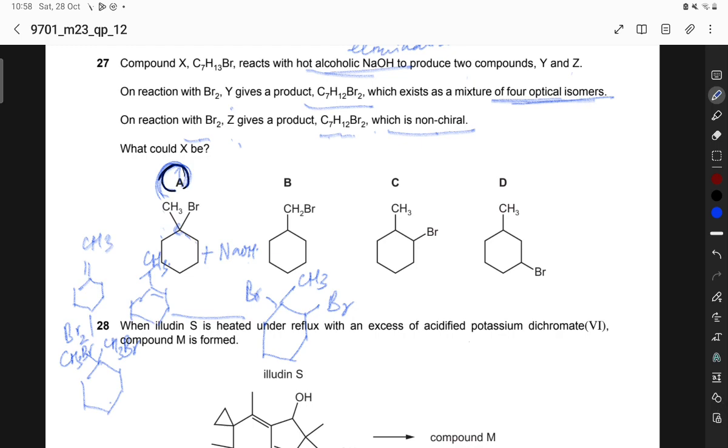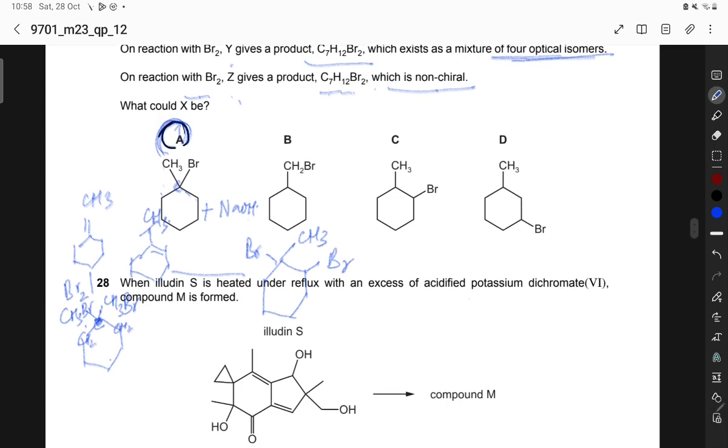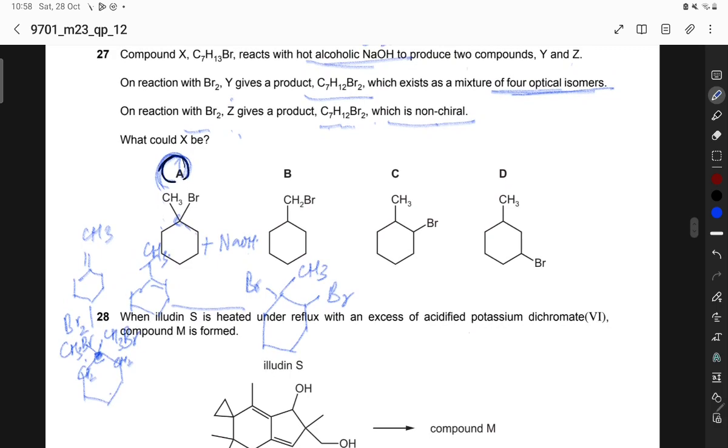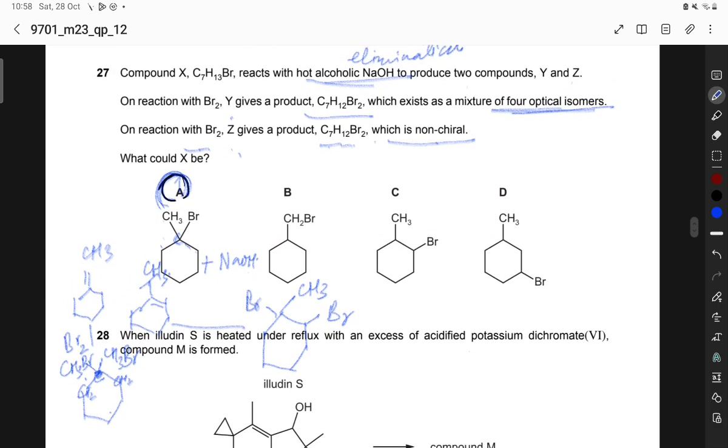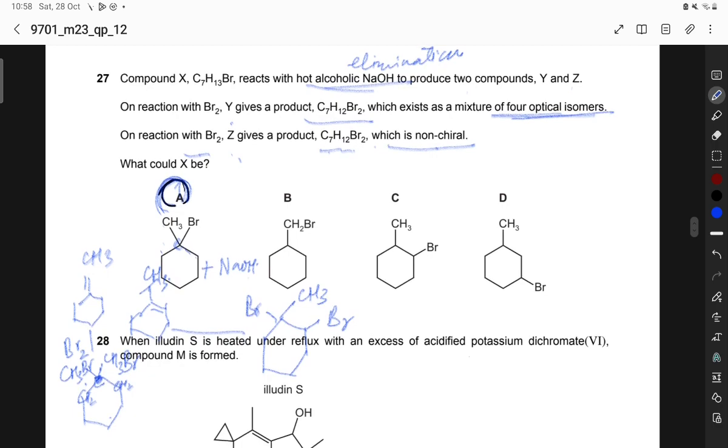On reaction with Br2, Z gives a product C7H12Br2 which is non-chiral. What could Z be?